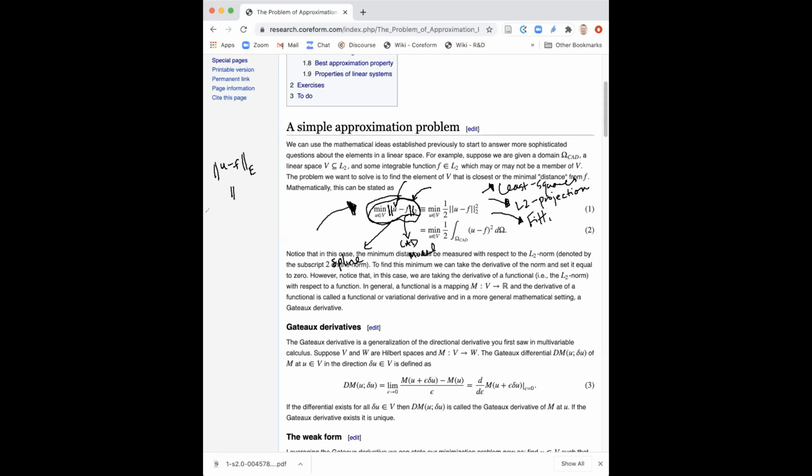That's going to look something like the square root of the integral 0 to L of, say, U comma X, E, A, U comma X.